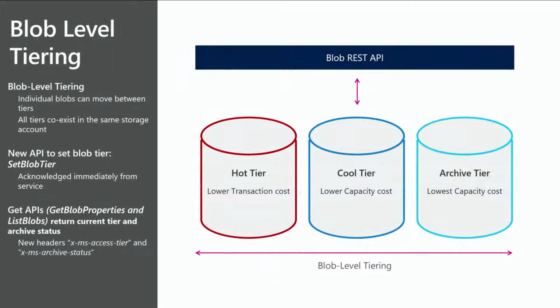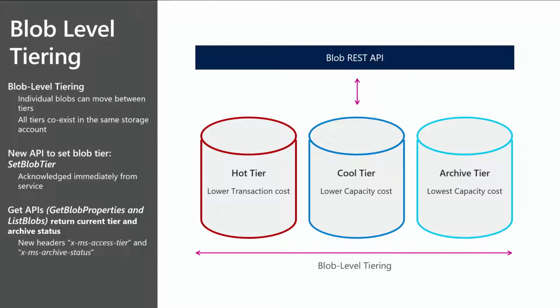One thing that's unique about the archive tier is it's fully integrated into the blob service and the blob namespace. So you can take, as a developer, any object and call this API, Set Blob Tier, to move your data from hot or cool into the archive tier. So you can do this on a per object basis.